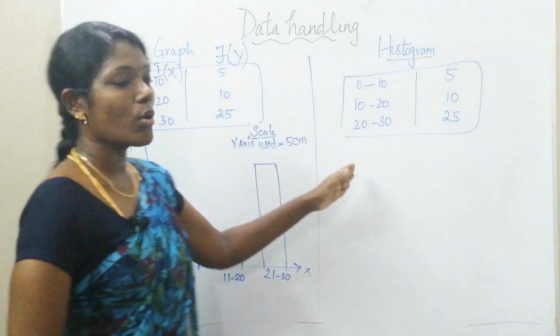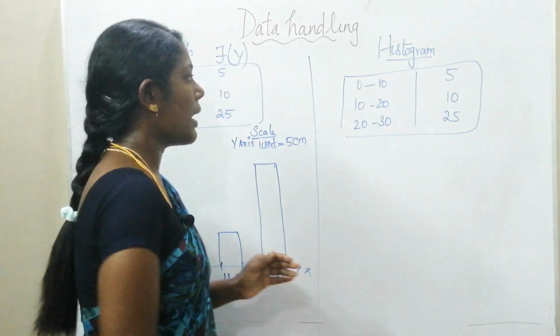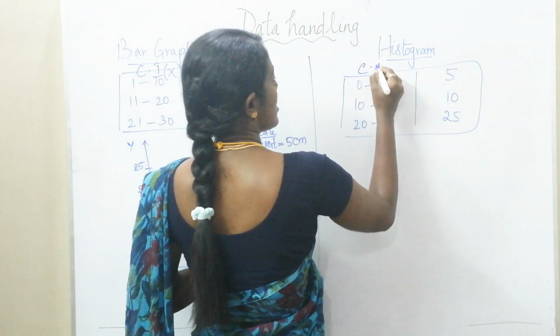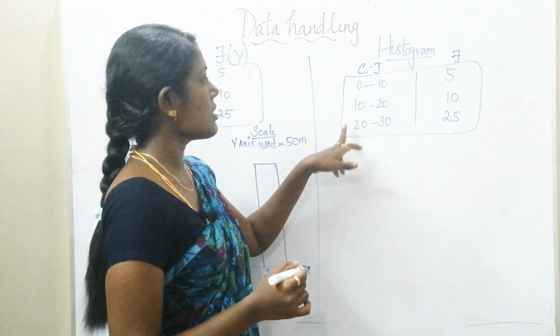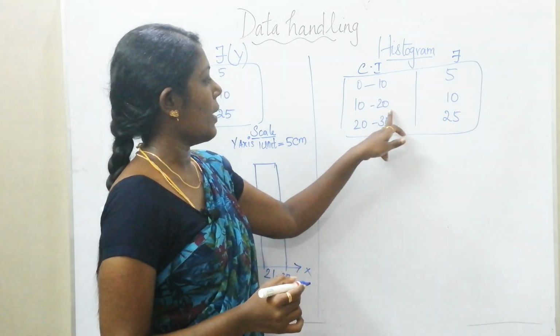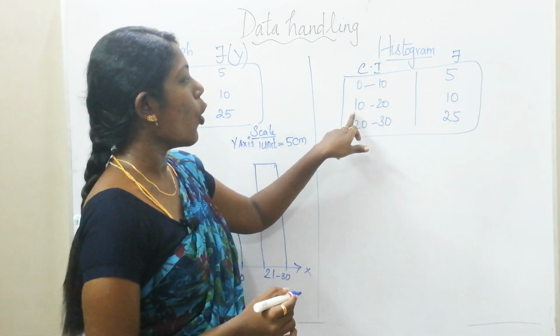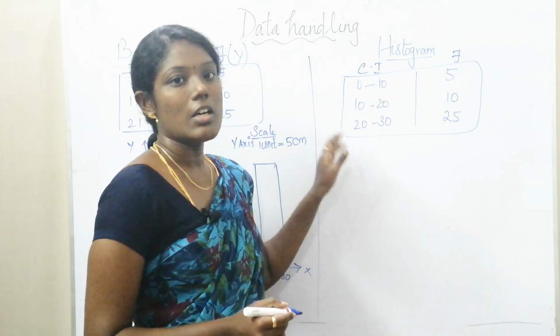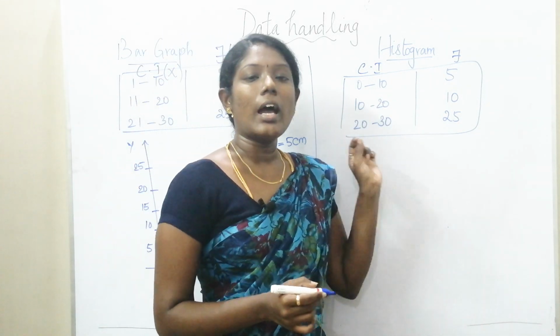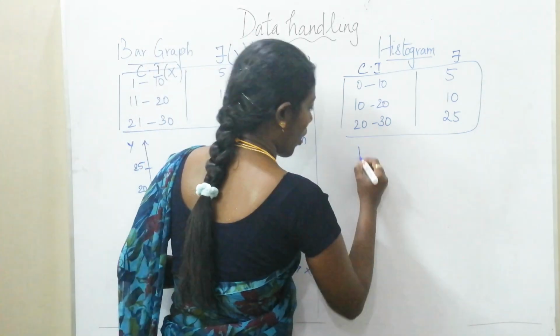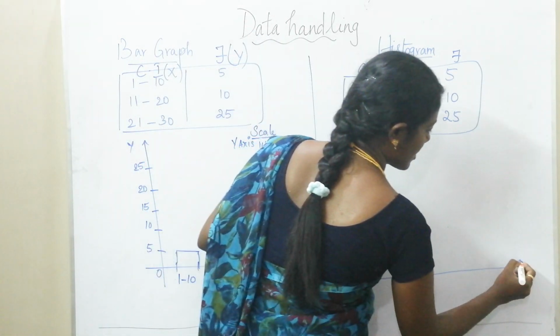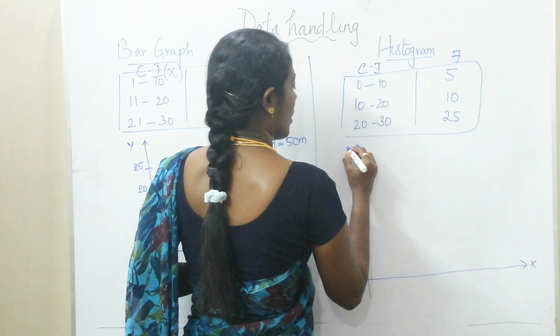Moving on with the histogram, the same data but with continuous class intervals. When you look at the class interval, I have the same frequency but the class intervals are 0 to 10, 10 to 20, 20 to 30. That is, I have an overlap at 10 and 20. So this is continuous data, and for continuous data you can only draw a histogram. So I am going to draw the histogram now, with the same x-axis and y-axis.